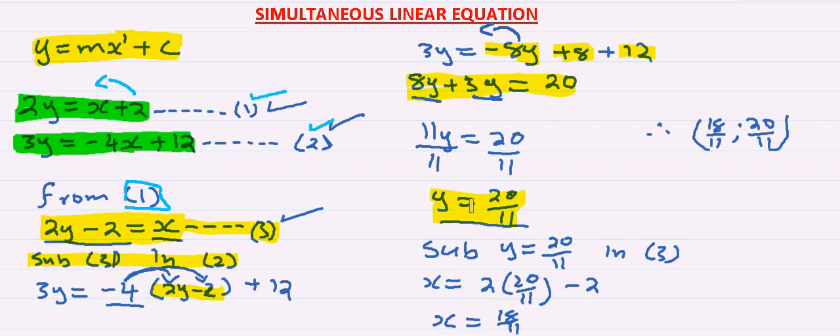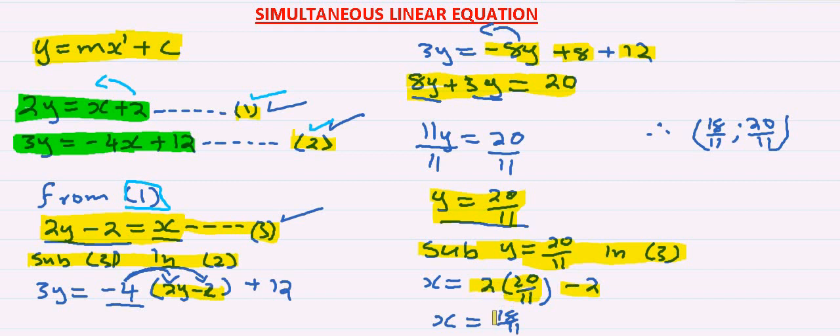Then once you get the y value, we need the x value. To get the x coordinate, we substitute. You write, substitute y equals 20 over 11 in equation 3. But at this point, you can substitute it in any of the equations that you want. Then you solve for x. Therefore, where we saw y, we substituted 20 over 11. It was 2 multiplied by 20 over 11 minus 2.